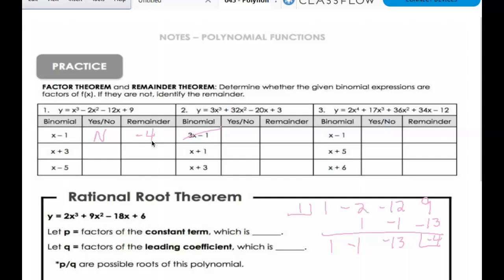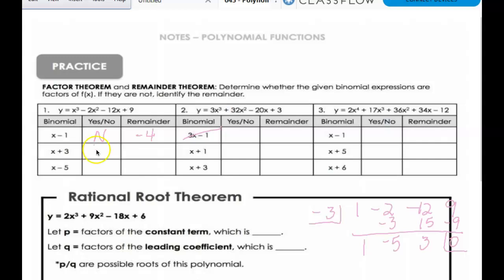Okay, so next let's try -3. Factor or non-factor?